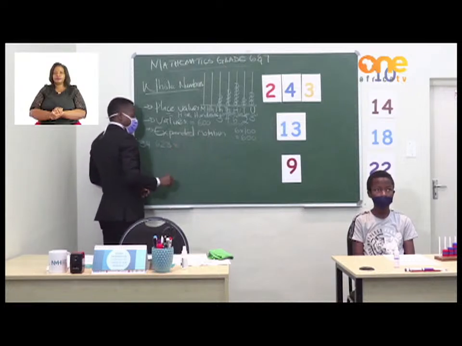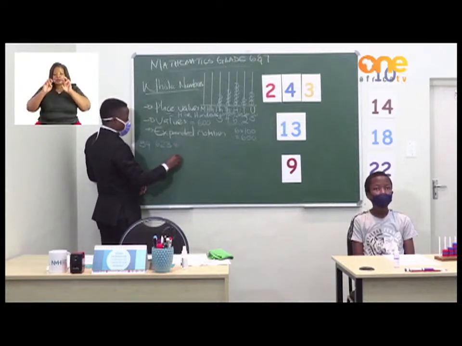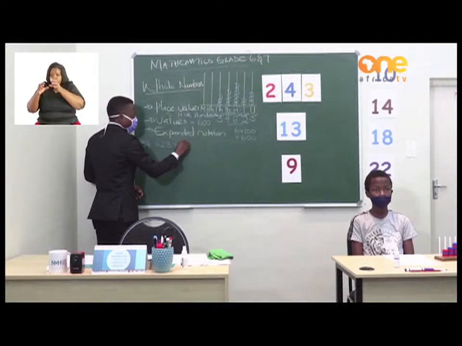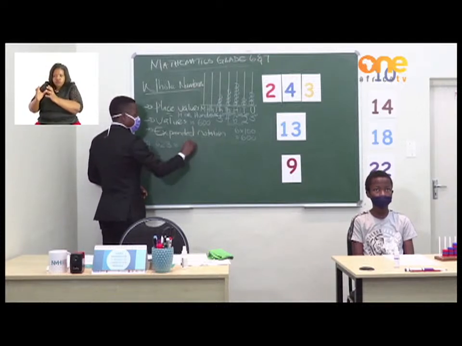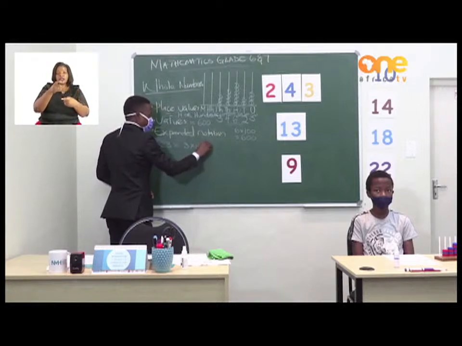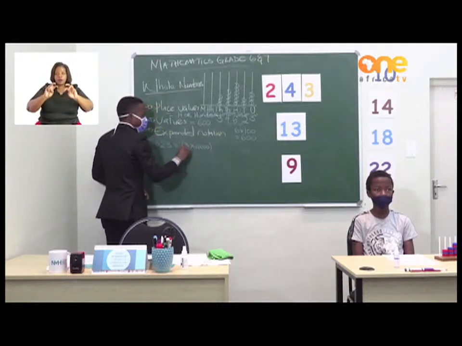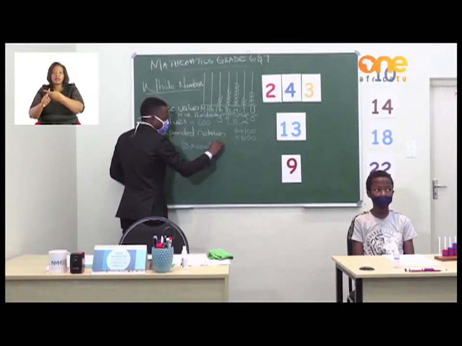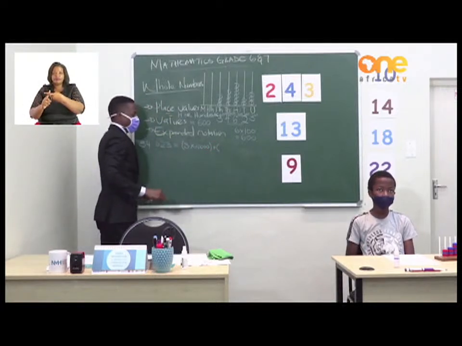We use brackets to separate the operations. So we have 3 times 10,000, and then we separate that with plus.